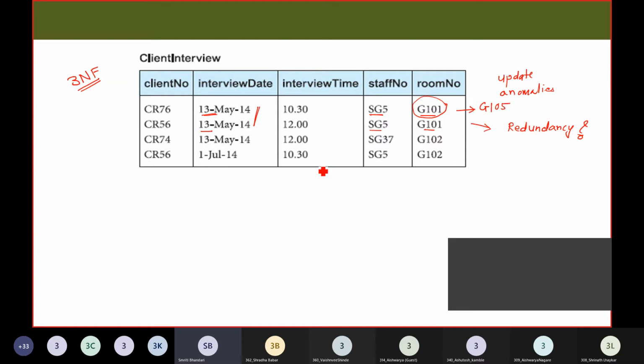So in this particular instance, we have 2 tuples, and we need to modify these 2 tuples such that the room number is now G105. Are you getting me?